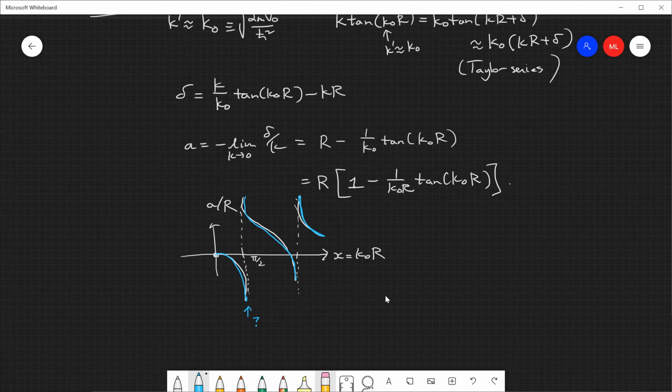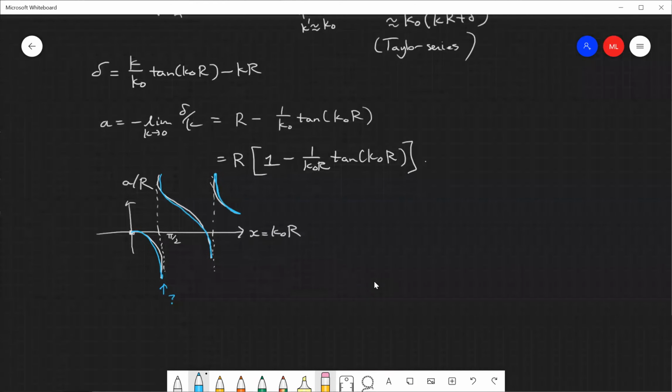So let me show you what happens to what you would actually measure, which is something like the scattering cross section.